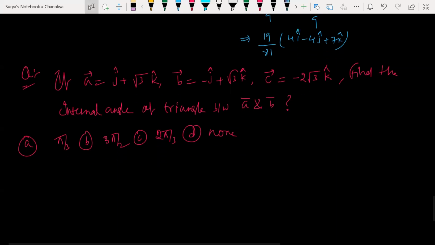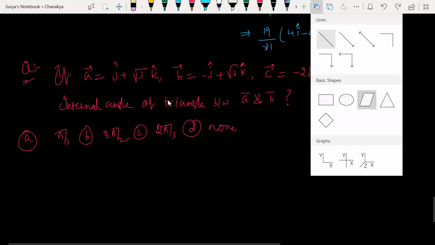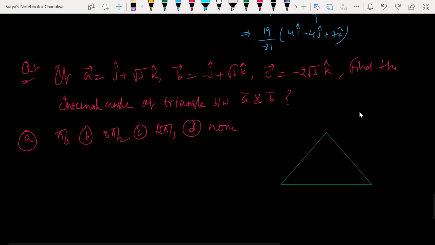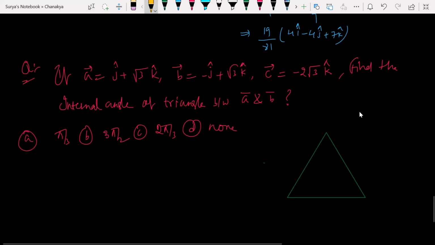Let's look at it. First, he is talking about a triangle, right? Internal angle of a triangle. So let us draw the triangle first. Look at this. What he has given: vector A, you have something like this, and this is moving.